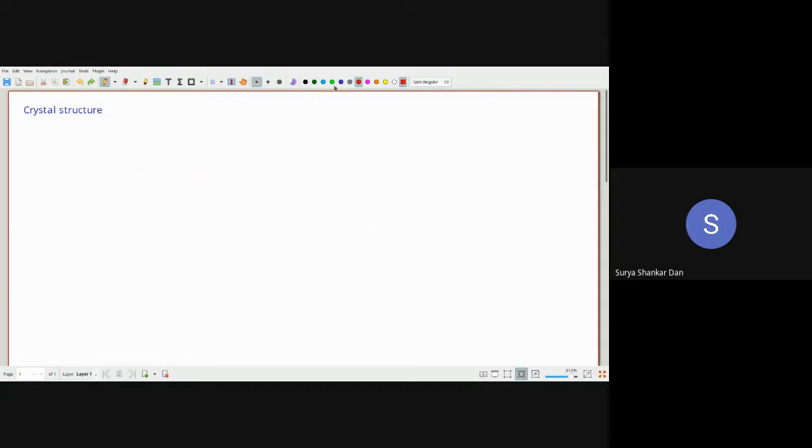In our previous lectures, we have already described the concept of basis and lattice in order to get a crystal. So what we already know is this: a periodic array of points in space, plus a set of atoms placed at each of these lattice points, gives you basically this.